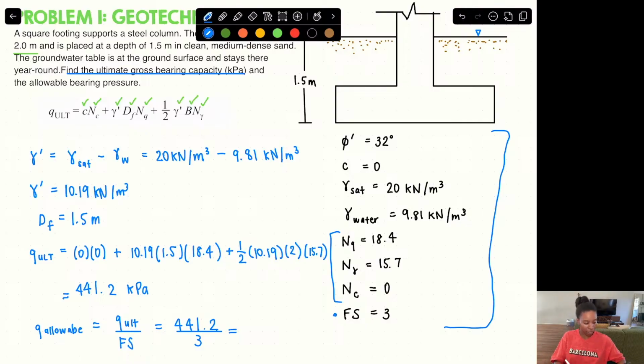So I am getting 147.1 kPa. And let me highlight these in yellow so that we know what our answers are. So that's the answer to the first part of the question.